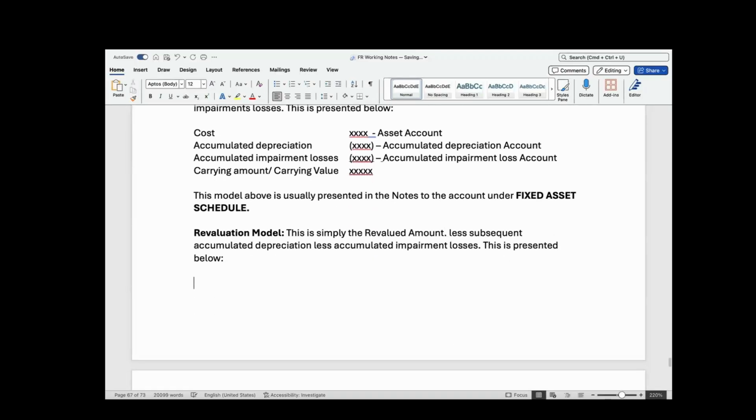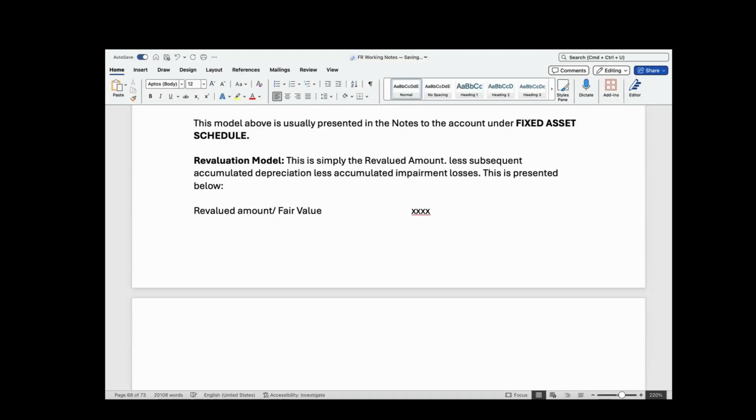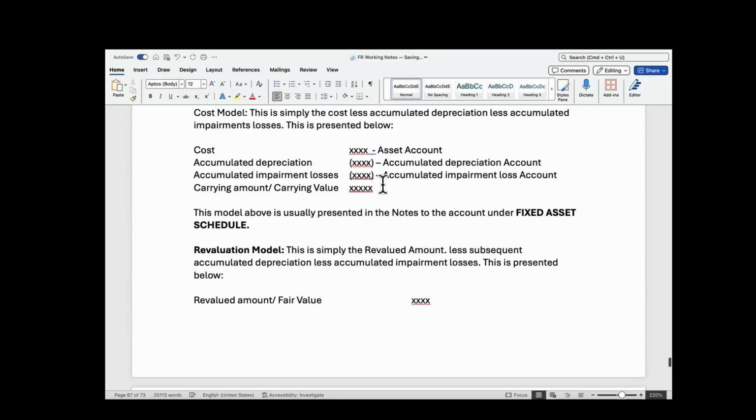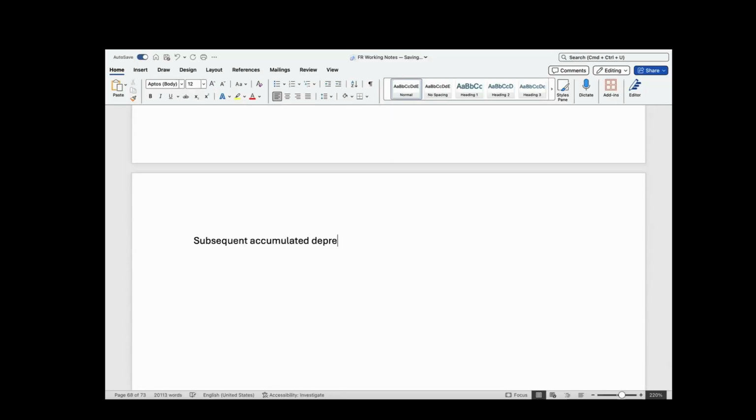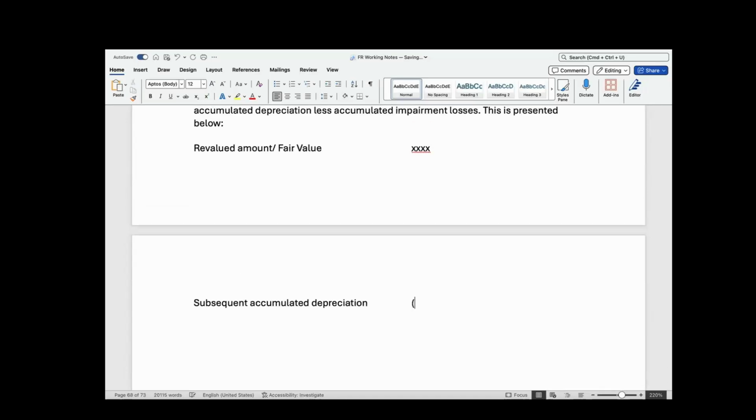Again, we would have a revalued amount, which can as well be called fair value. You deduct subsequent accumulated depreciation. What is really different from the earlier accumulated depreciation? This one is called subsequent, and it's not just there as an adjective. It has what it means, which I would explain in a jiffy.